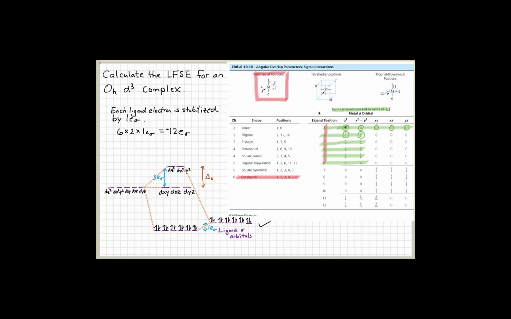We'll put a negative in front of that to indicate they are lowered in energy by that amount. If we have a d3 complex, those 3 electrons are going to be in the lower energy d orbitals, which were unmoved based on the angular overlap model, and therefore they're not going to contribute. And so our total ligand field stabilization energy is going to be minus 12 E sigma.